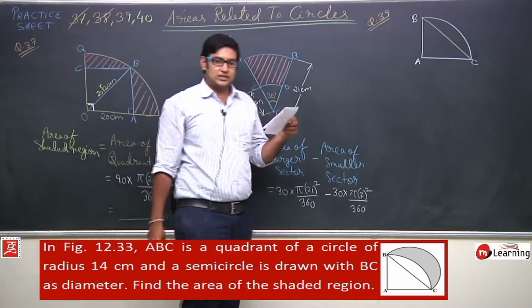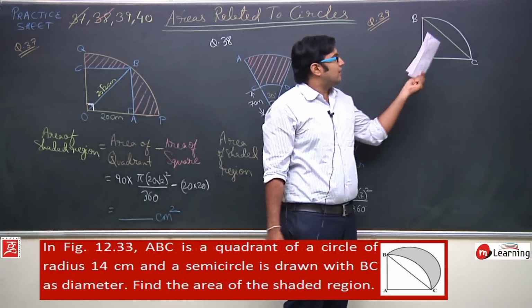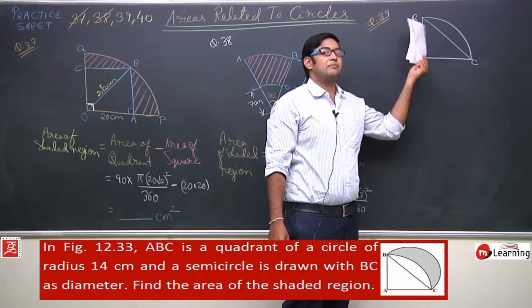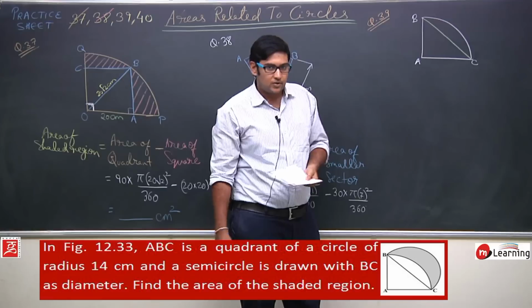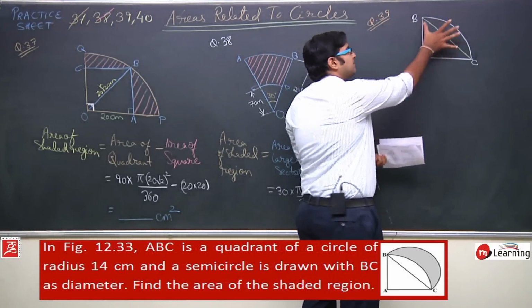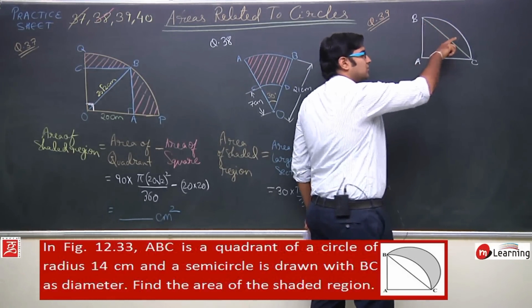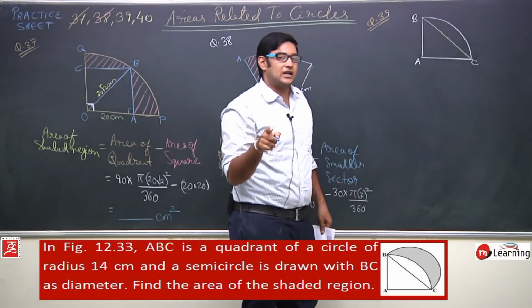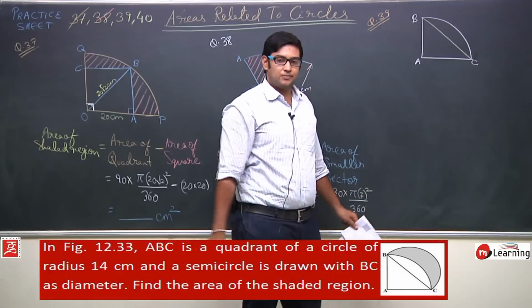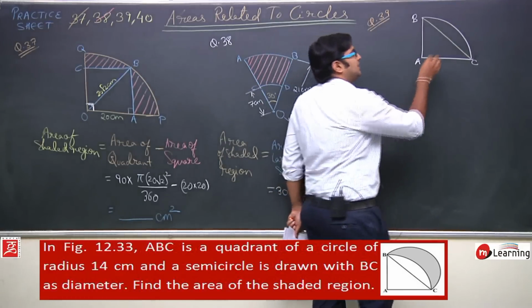Now after this, we have drawn a semicircle using BC as the diameter. I will take this BC length as the diameter and draw a circle. How will I draw a circle using BC as the diameter? First I will determine its midpoint.